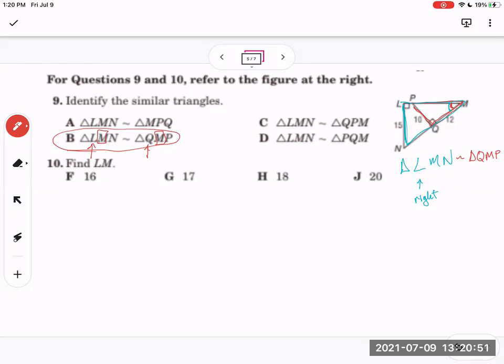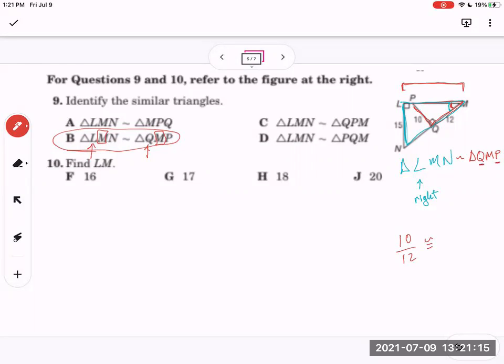Now it says find LM. So they want us to find this distance right here. Well, we know that the ratio of 10 to 12 is going to be the same as, they're similar. So that ratio is going to be the same for PQ. Look at what PQ is.